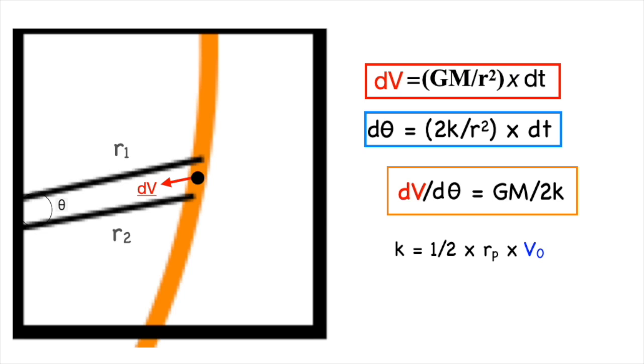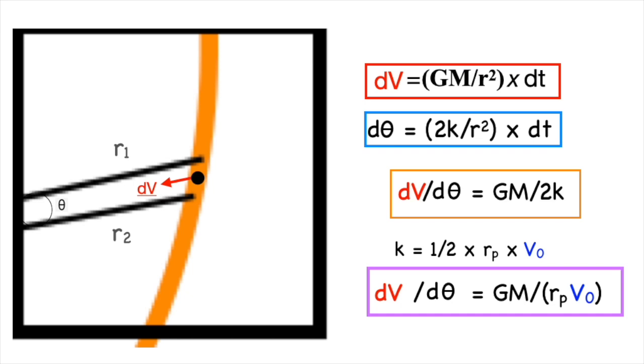For k, let's substitute the expression we found earlier, that is, k equals 1/2 times r_p times v naught. And we can write dv over d theta equals GM over r_p times v naught.